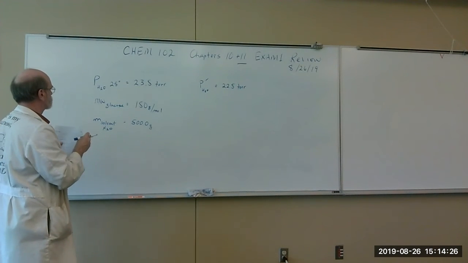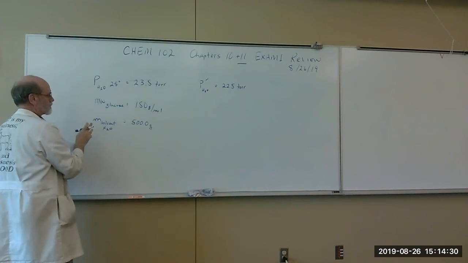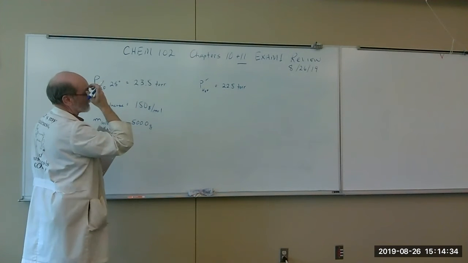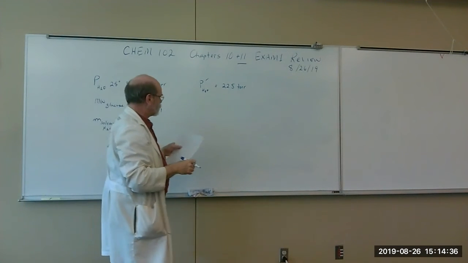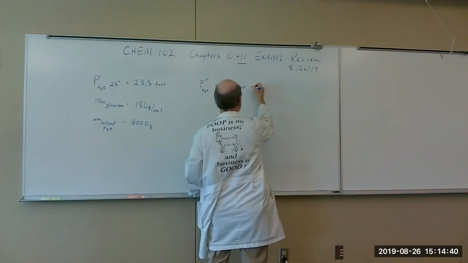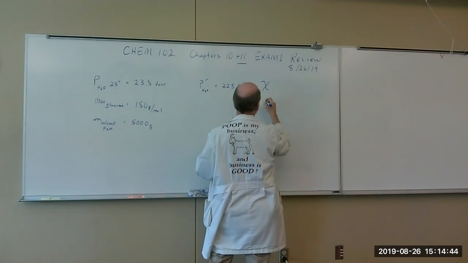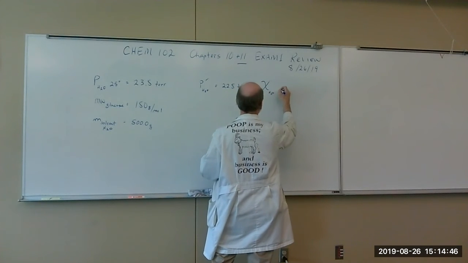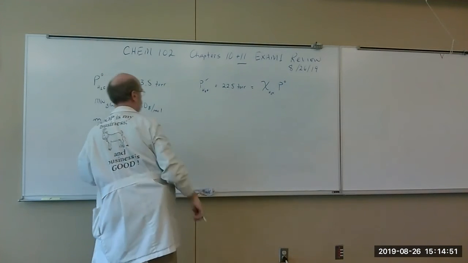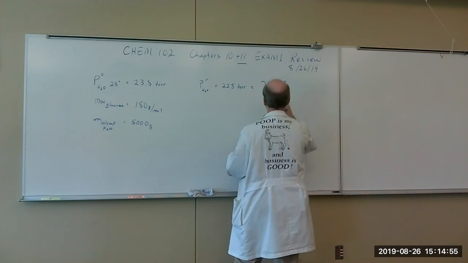So, if this is pure water at that temperature, and this is going to be at the same temperature, right? So we can use Raoult's law here. And this says that the mole fraction of water times this one, which is pure water, will give us that.